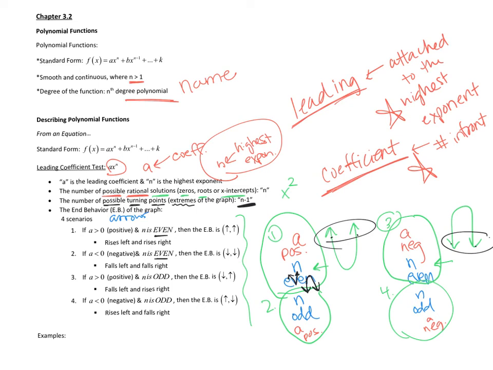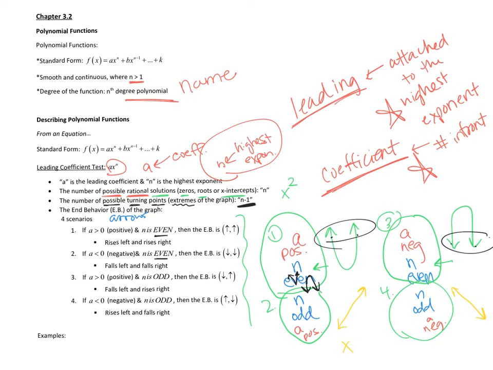Now, if we think about odd, the first odd number that I think about is just x to the first power. That's not a polynomial, but I can still come up with an idea of what that's going to look like. Y equals x is just the equation of a line. So I could have a line that has a positive slope, and I could have a line that has a negative slope.